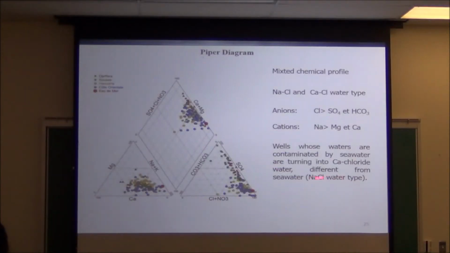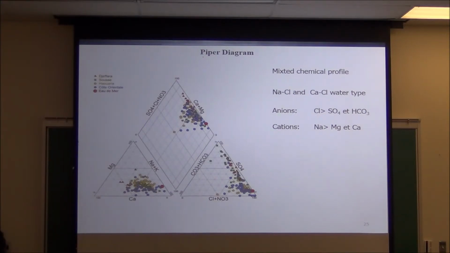We have dominance of chloride and sodium in most of these aquifers, and where water is contaminated by seawater it turns into calcium chloride water type, and this chemical trend is different from seawater. Because the seawater has sodium chloride water type, the sodium is retained in clay minerals, and the calcium is released in the aquifer.